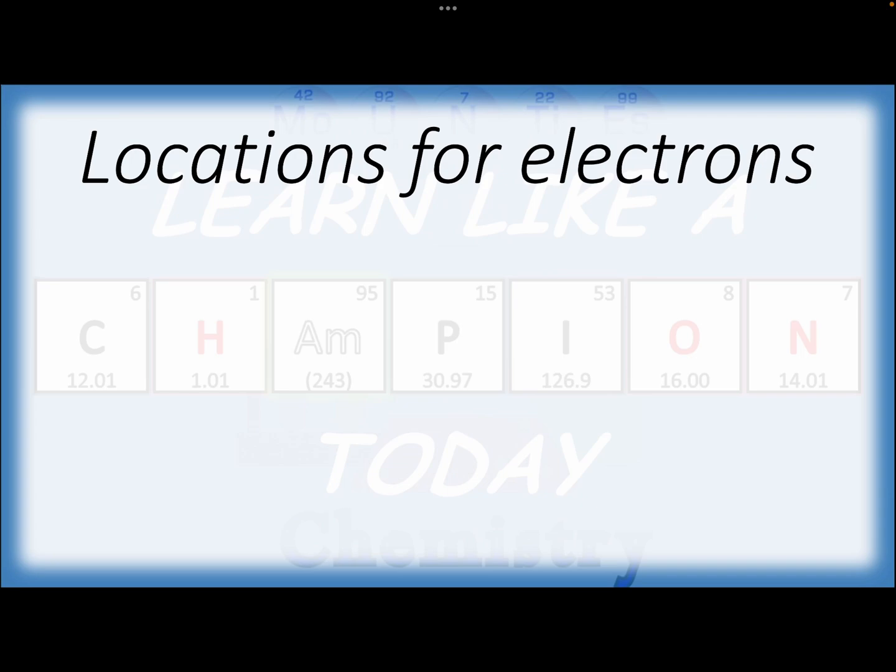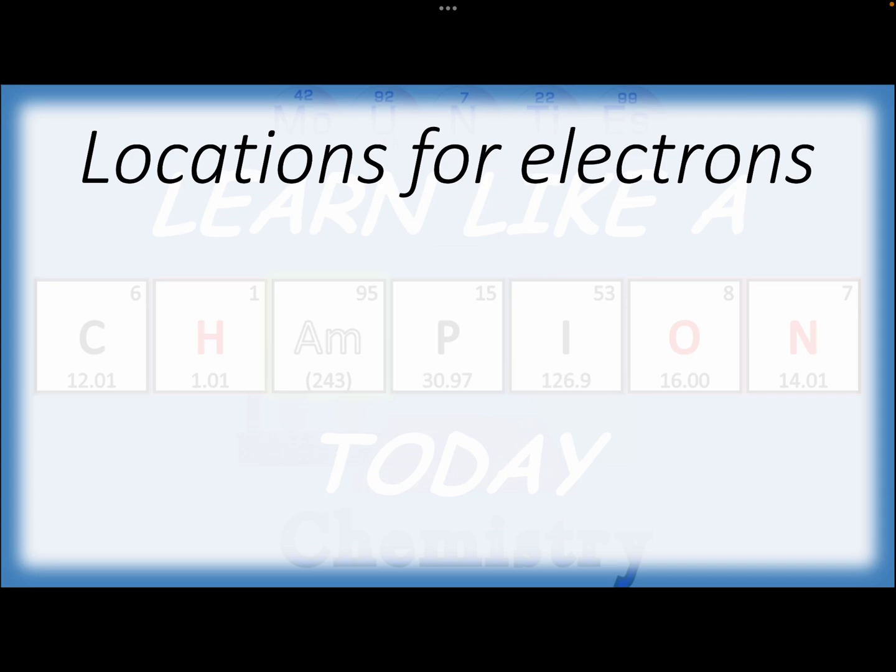But we can also locate each individual electron through what are called quantum number sets, which we'll look at in a different lesson. For right now, we want to focus on orbital energy level diagrams and electron configurations.